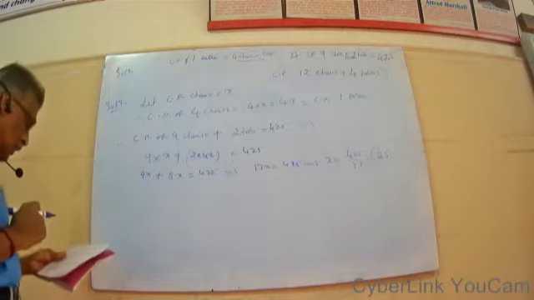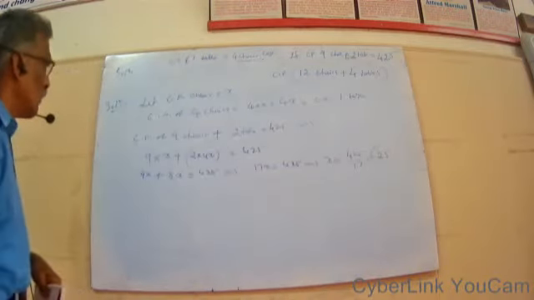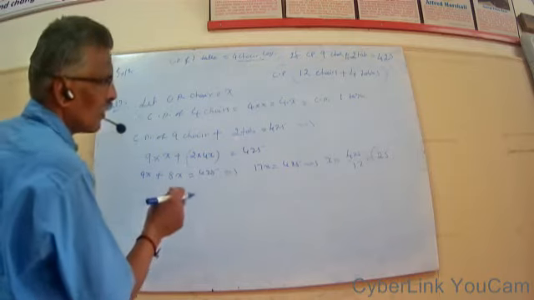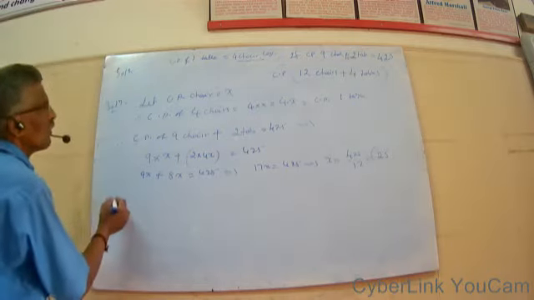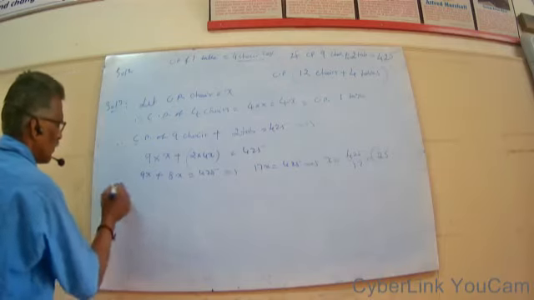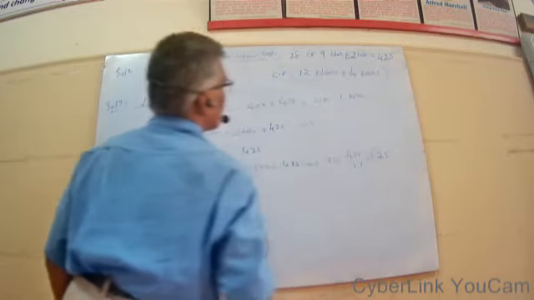Now what is the cost price of 1 dozen chairs and 4 tables? 1 dozen chairs, 12 chairs and 4 tables. So 12 chairs means 12 into x. We have to find the cost price of 12 chairs and 4 tables.